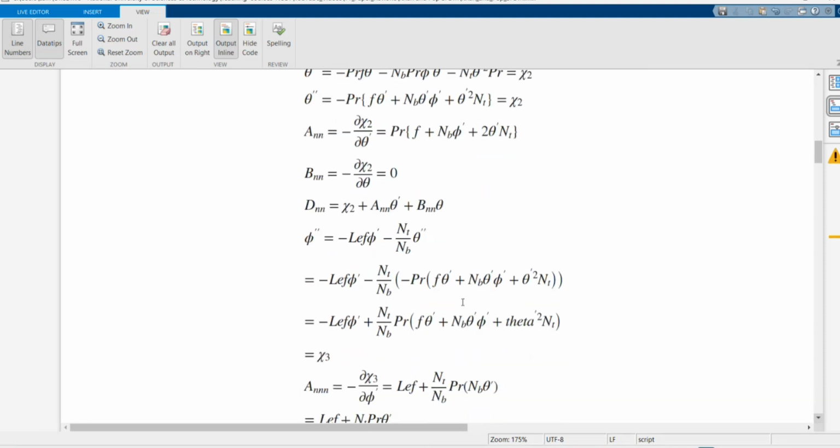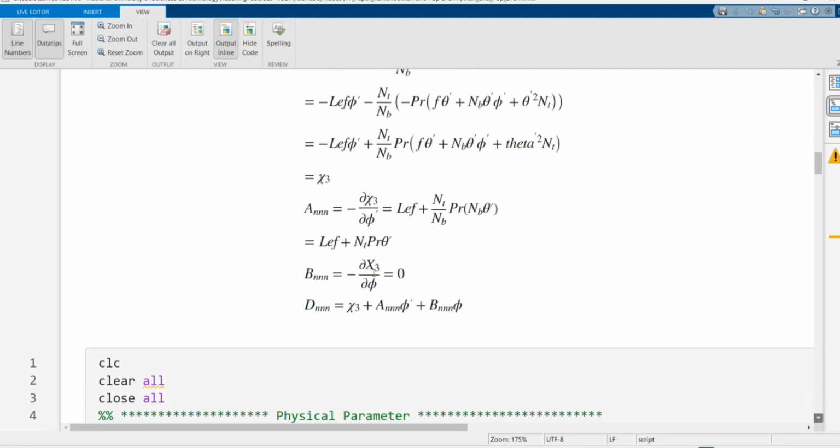That was all about the energy equation. The same will be done for the concentration equation. First, you keep phi double dash on the left hand side with coefficient 1. Remember that the coefficient should be 1. Keep all the other values on the right hand side and call it chi3.